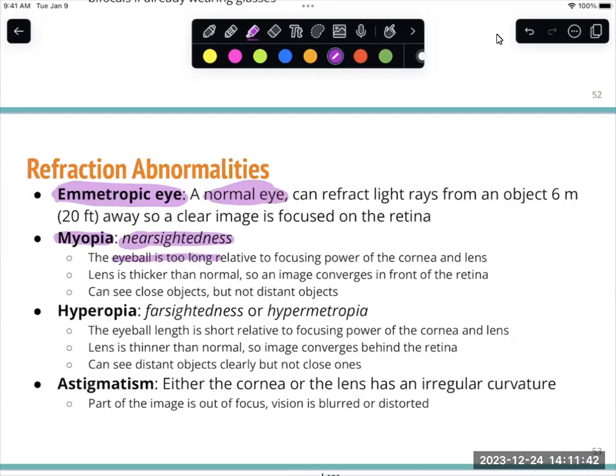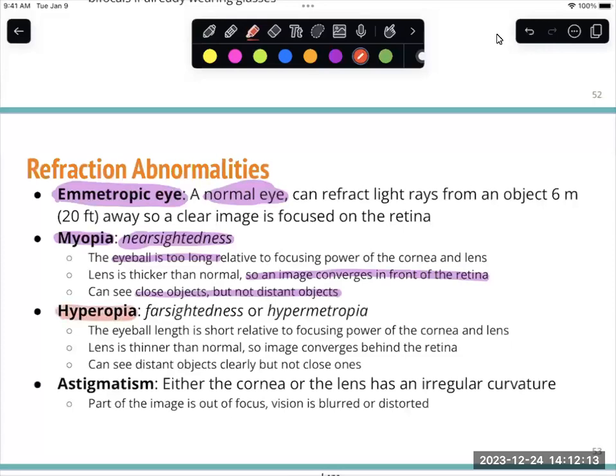So they have problems focusing directly onto the retina. Instead, images get reflected in front of the retina because that eyeball is too long. They can see close objects, but they cannot see distant objects. Nearsighted because that's what they see.